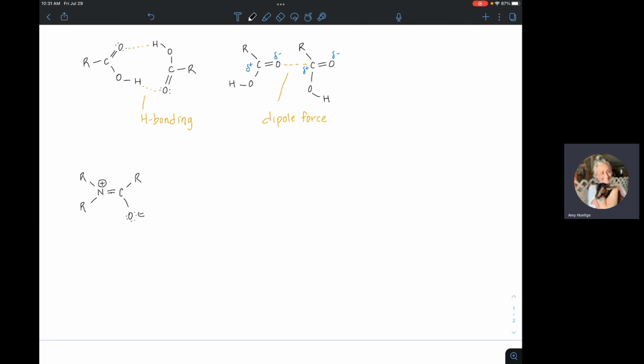So remember, when we put the double bond between the carbon and the nitrogen, we have positive charge on the nitrogen, negative charge on the oxygen. So now I'm going to draw another one of these upside down underneath. Now, instead of a partial negative and a partial positive charge, I have an actual positive charge and an actual negative charge. So the dipole-dipole interactions are going to be a little bit more significant between these two than they would in the carboxylic acid.